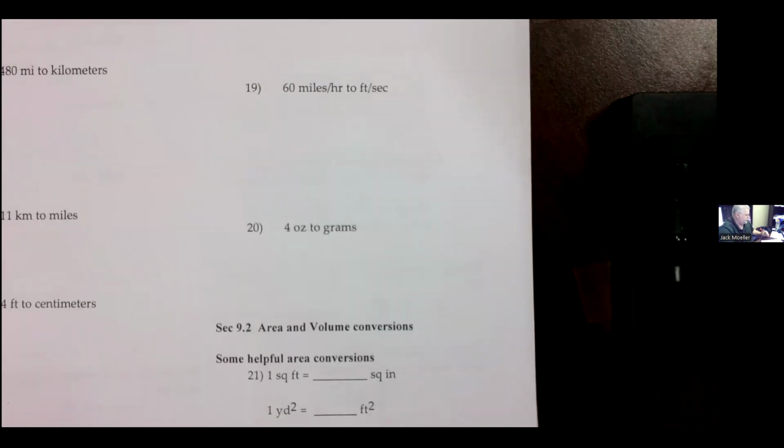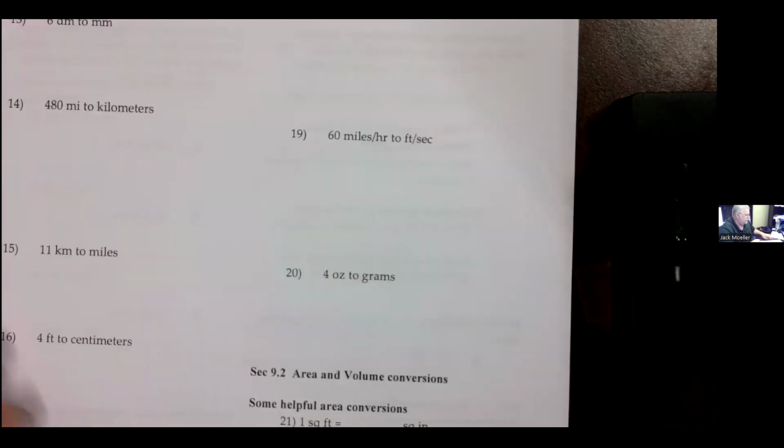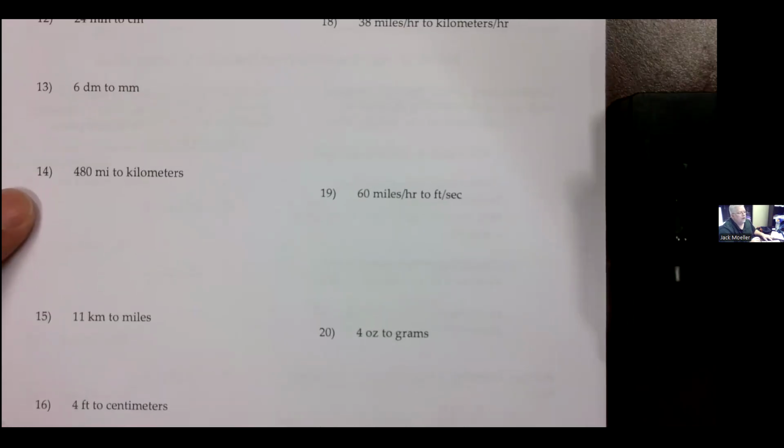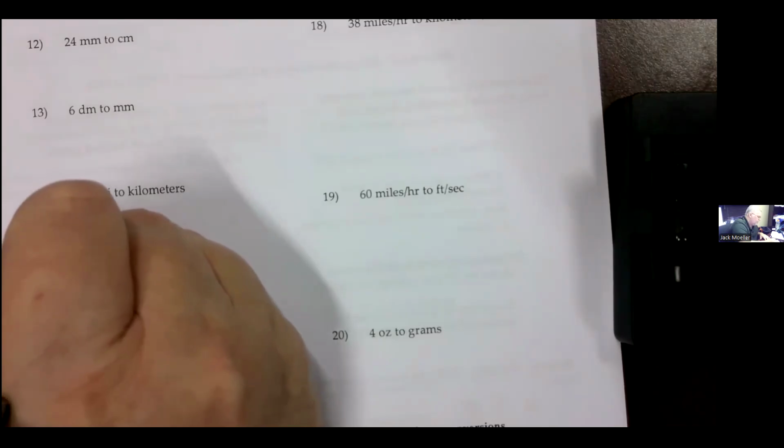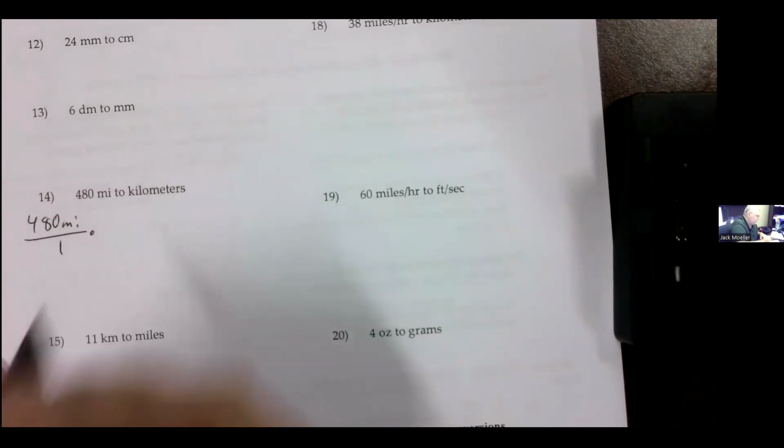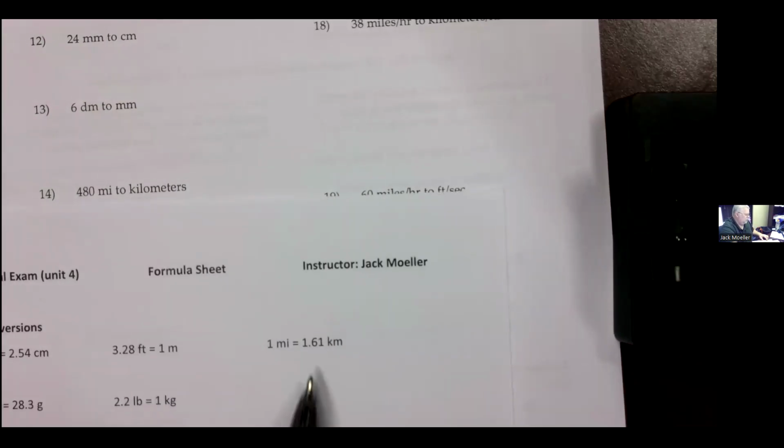What other conversions do we have? Well, let's look at 14. 480 miles to kilometers. So now we are going English to metric. Well, we set up the same way. We're going to start with 480 miles over 1. What do we know about miles and kilometers? Well, 1 mile is 1.61 kilometers.